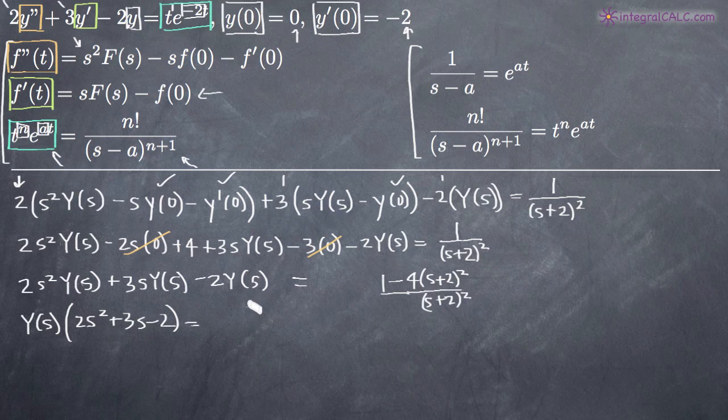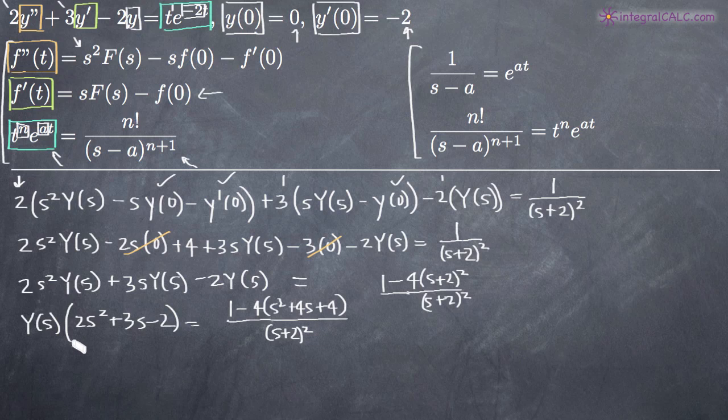Now let's start multiplying out the top. So we'll have 4 times the quantity s squared plus 4s plus 4, all over the quantity s plus 2 squared.